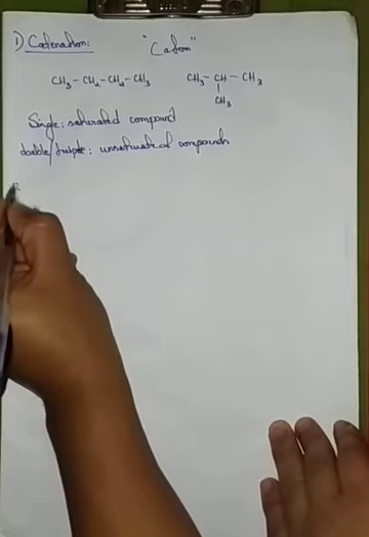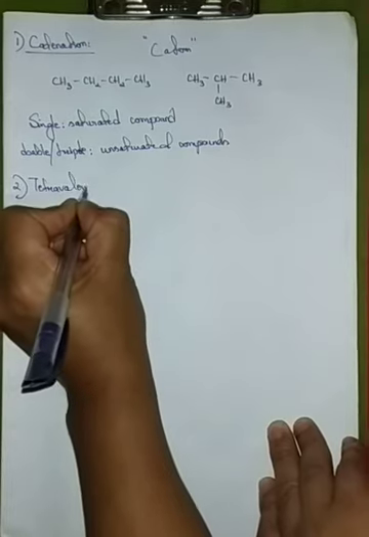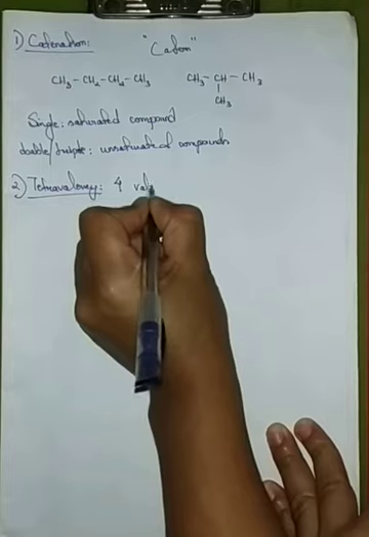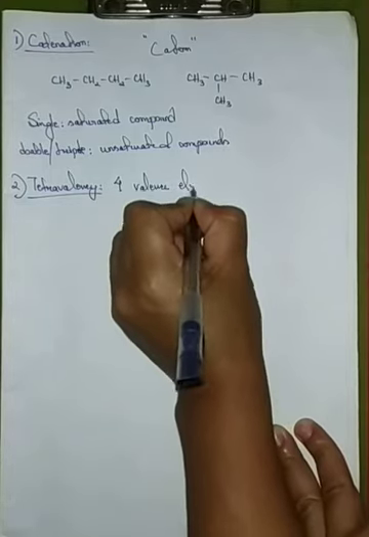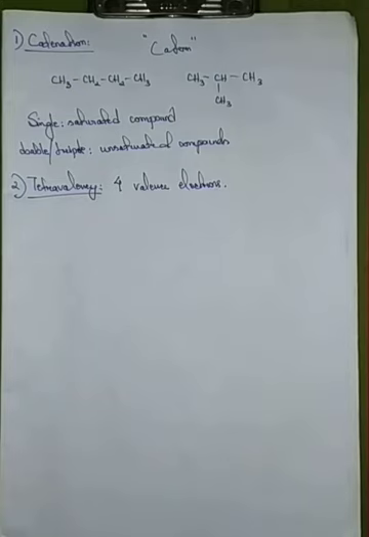The second one is its tetravalency. Tetravalency means that there are 4 valence electrons in the carbon atom, so it is capable of bonding with 4 atoms of carbon, or with atoms of different elements.